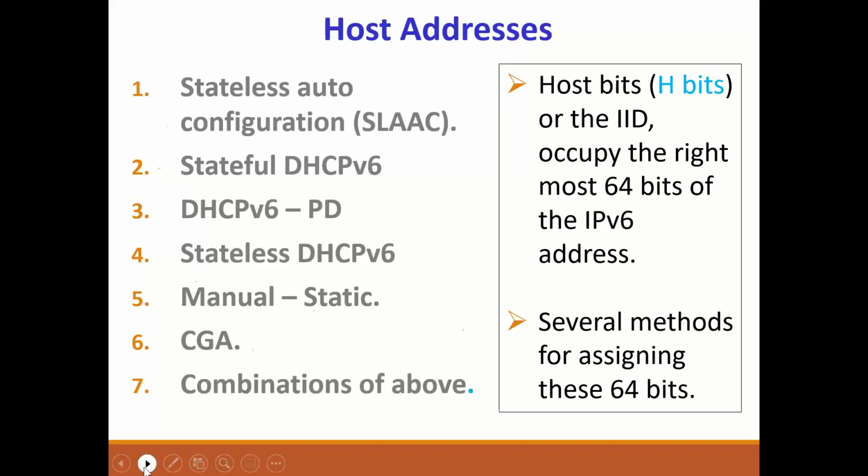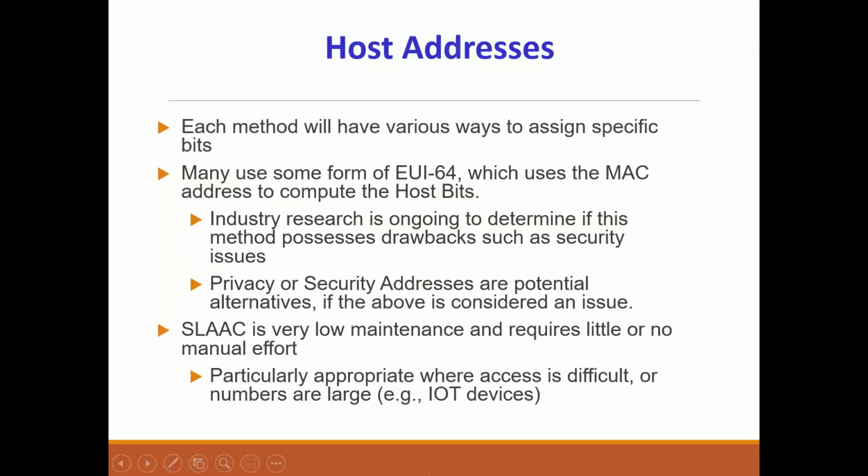So how do we pick that? And I think if we go on to the next slide, we can talk about that. So each method is going to have various ways to assign the specific bits. Some of them use some form of EUI-64, which takes the MAC address and computes the host bits. And we kind of talked about this a little bit earlier when we talked about privacy and security addresses.